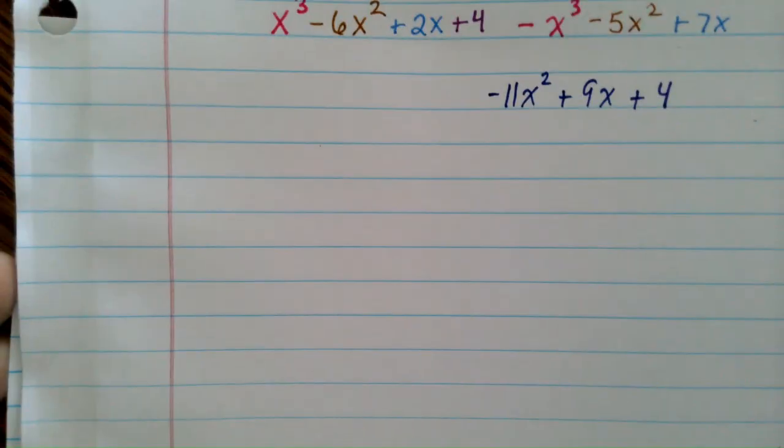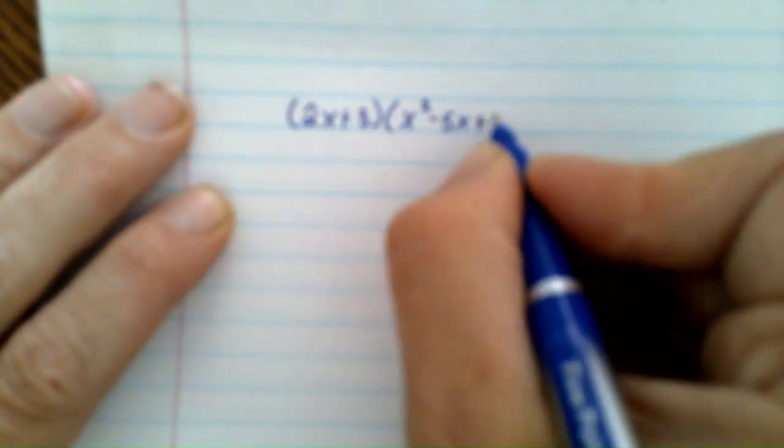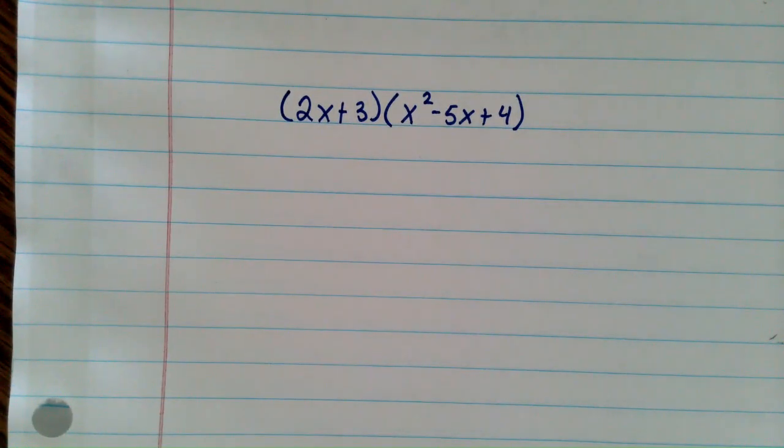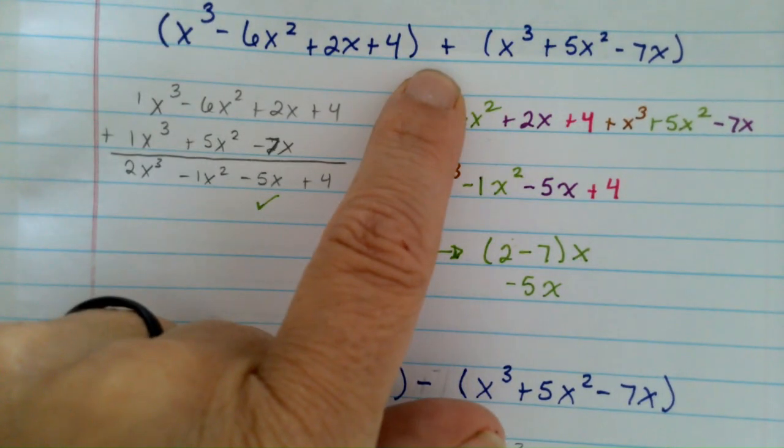Now, I have a lot of students that treat my next problem like the last two problems, and they're going to be very different. So what you'll see here is there's no symbol in between the parentheses, whereas previously there was a minus or a plus separating.